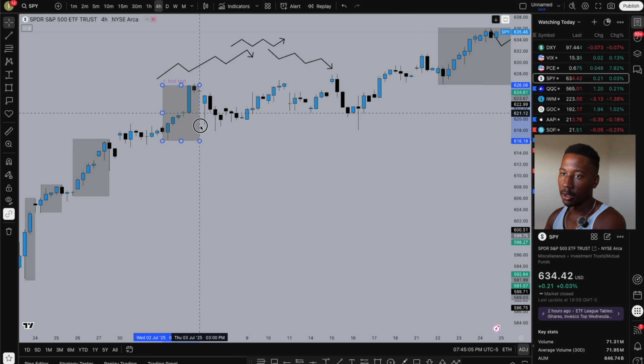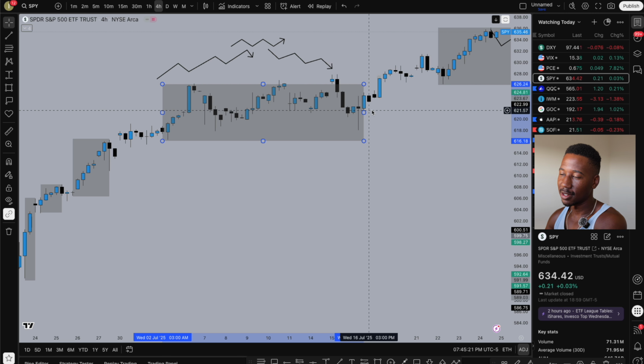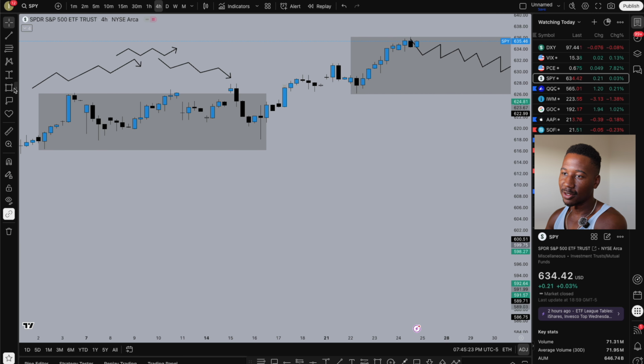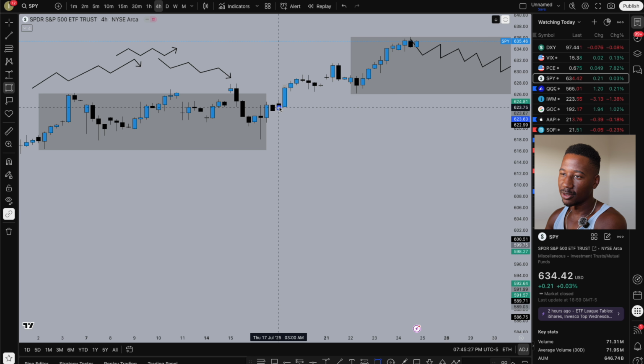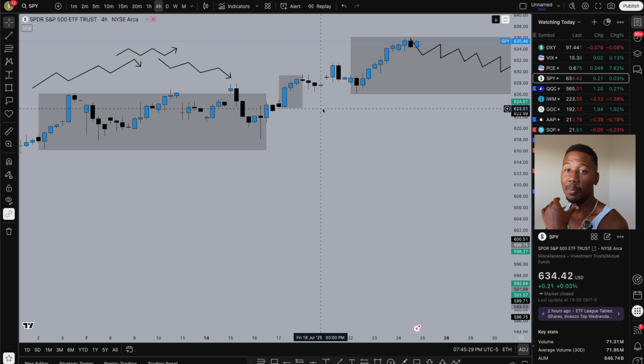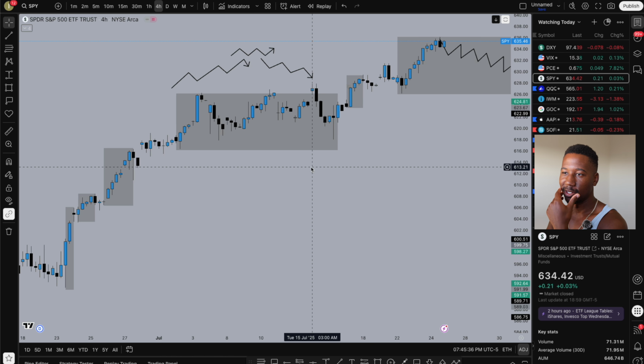We did have some tips above, but that's still the same range. I still call this consolidation. And the last one before the one we just made was this right here. It may not be clicking for you quite yet, but just know this is a range.